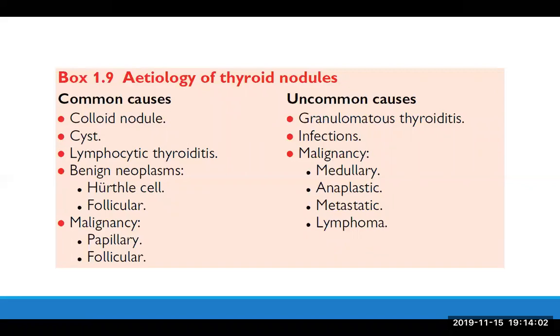Malignancy includes papillary or follicular carcinoma, which is differentiated thyroid carcinoma. The uncommon causes include granulomatous thyroiditis, infection, and malignancy such as medullary thyroid carcinoma, which arises from C cells, and of course anaplastic, metastatic and lymphoma.